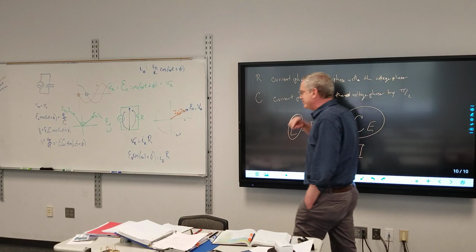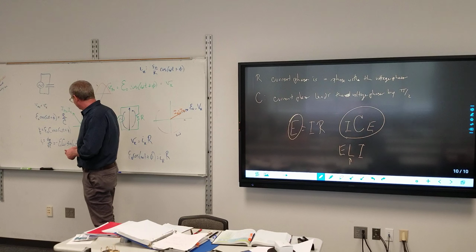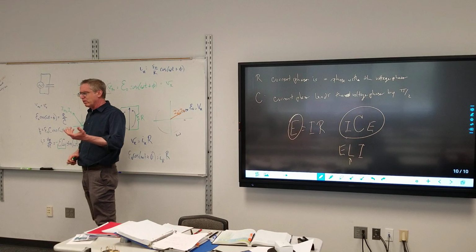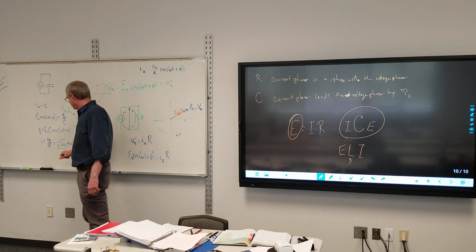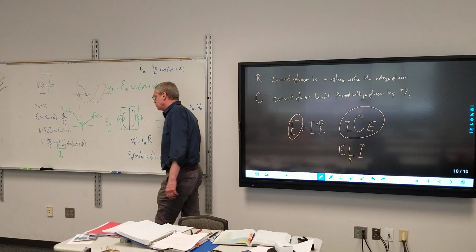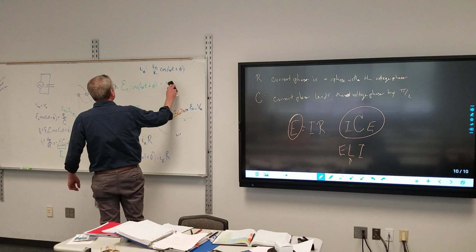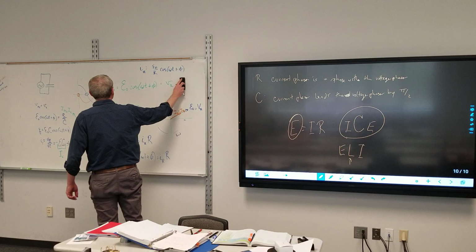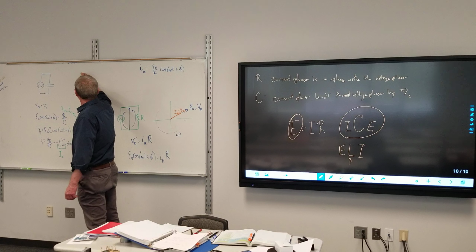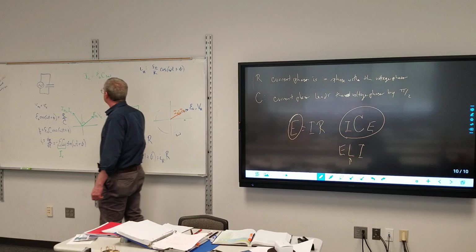Notice this right here is the amplitude of my current phasor. So that's just I, which we'll label as I sub C. So I sub C is equal to epsilon naught C omega.